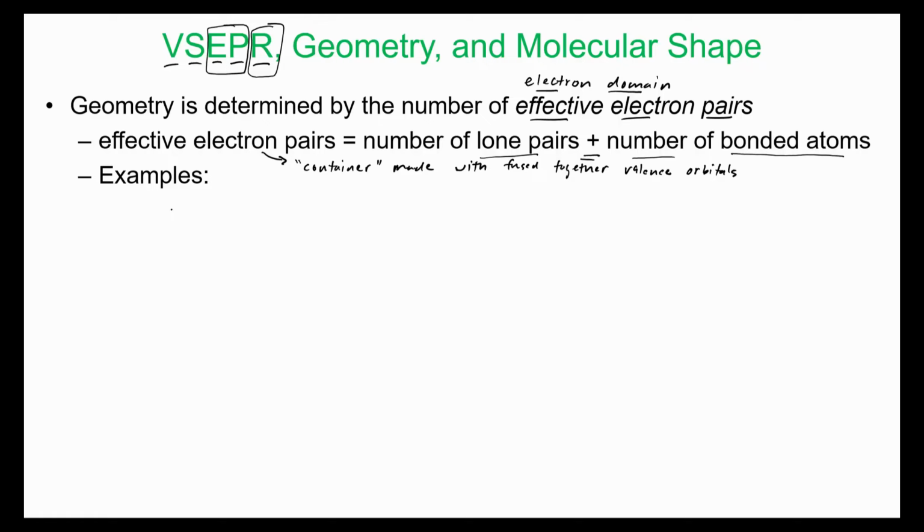If we look at 4A, a molecule where the central atom is from 4A, like carbon with four hydrogens, or methane, then if we draw this out, we get carbon, and it's going to have four bonded atoms. It makes a shape that we know as a tetrahedral. It's kind of like a four-sided pyramid.